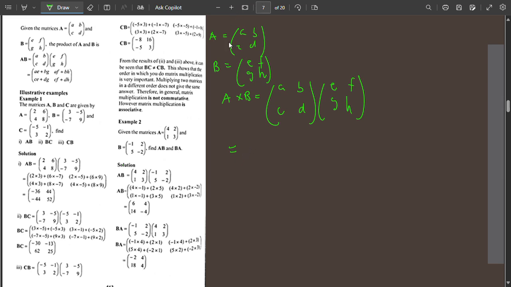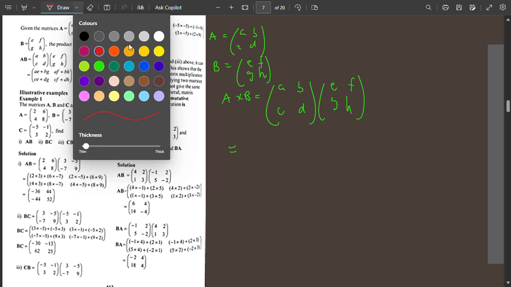First, you should keep in mind that we will take them row-wise from the left. So we'll take them row-wise from the left. That means that from the A, right, which is on our left, we'll take the first row and then use it in the multiplication.